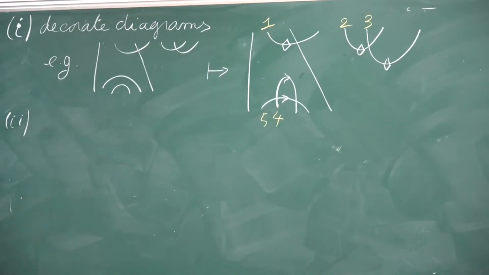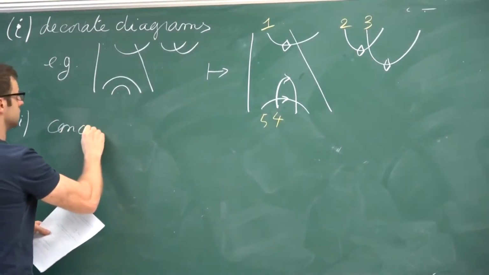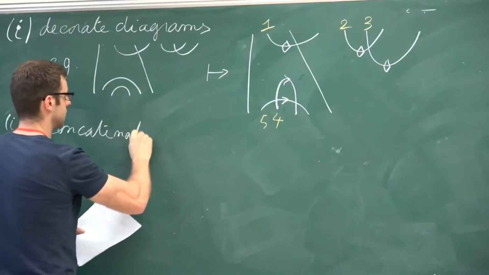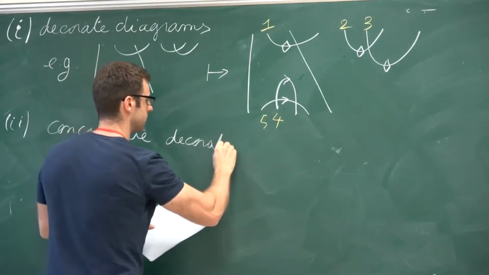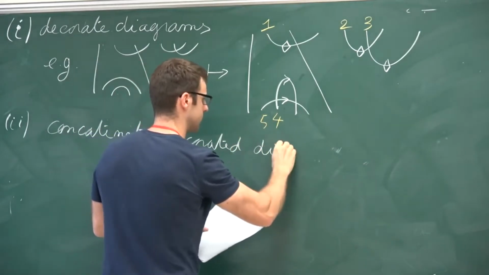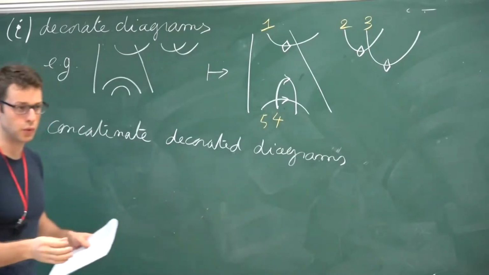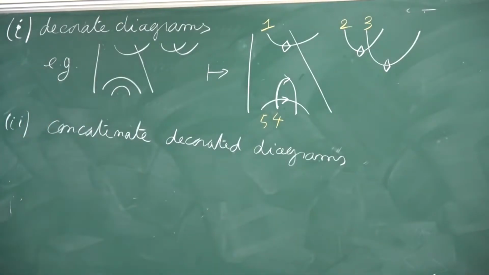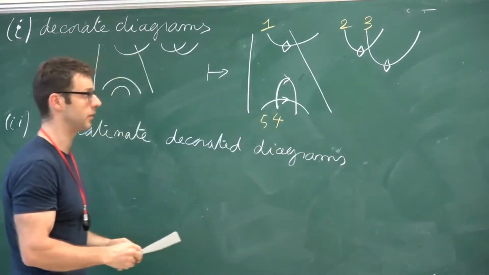Then we want to actually multiply two diagrams. We concatenate the decorated diagrams. And of course, we're not allowed to interchange the relative latitudes of the decorations that we have.